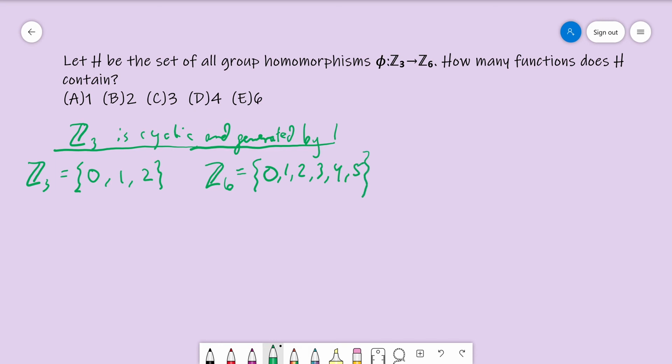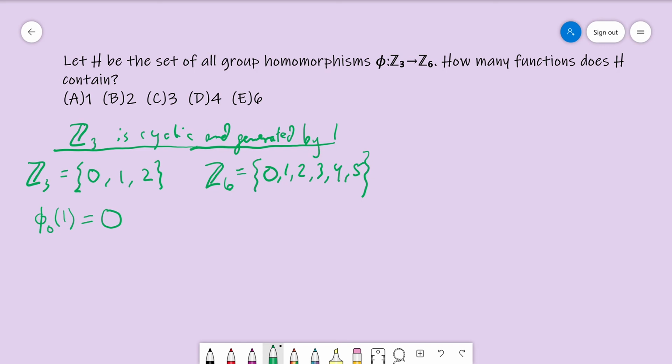And we're doing modular addition here. So let's look at the first option, let's call it phi 0, which takes 1 and maps it to the 0 element. There's 6 options. It could go to 0, 1, 2, 3, 4, or 5.